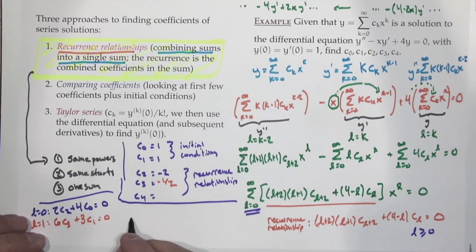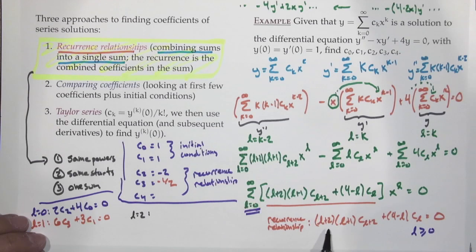All right. And our last one, L equals 2. So notice every time we apply this relationship, we get one more. So for L equals 2, we'll get 4 times 3, which is 12, C4, plus 4 minus 2 is 2, and C2 equals 0. But C2 we know.